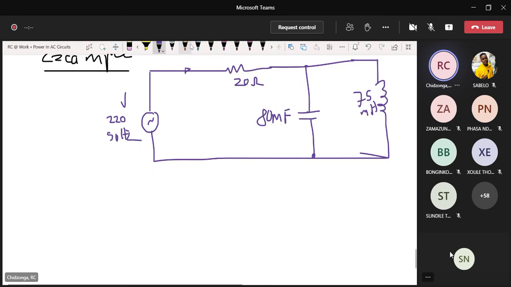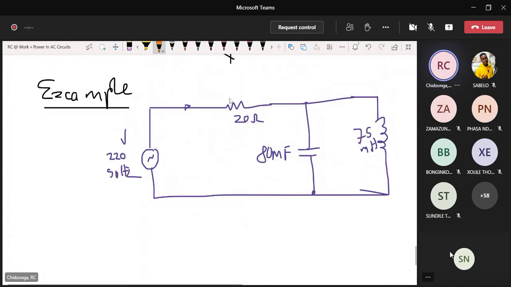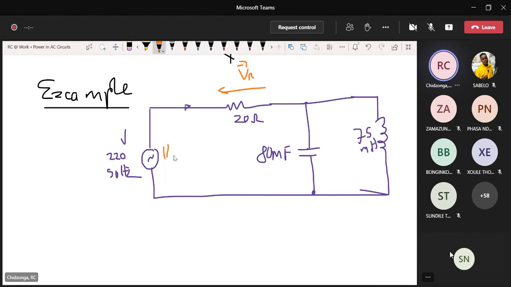So there is the question. I want you to do a couple of things here. This voltage here, it's VR. Remember, it's all phasors. This is VS, it's phasors, even if I don't write it like that. And then these two, of course, are in parallel.